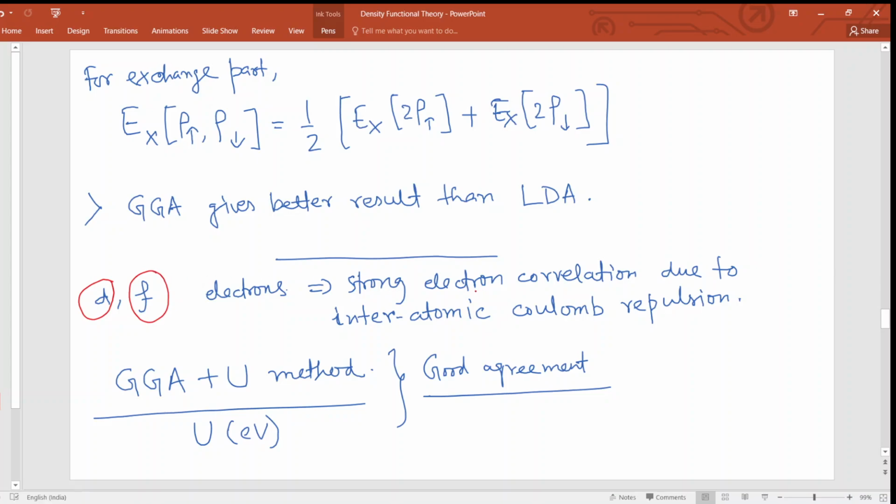They are quite heavy elements, so they have strong electron correlation due to interatomic Coulomb repulsion. For them, you have to add an additional term defined by U, and this method becomes GGA plus U. It offers very good agreement for these particular systems.